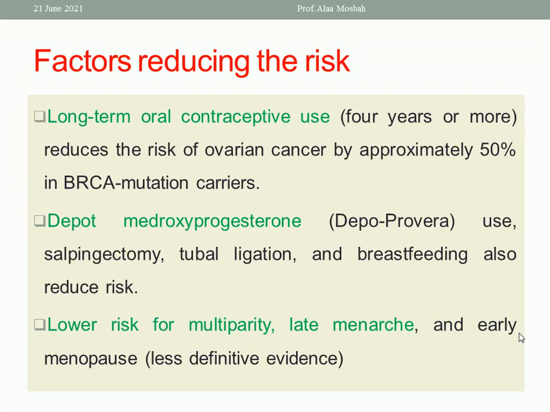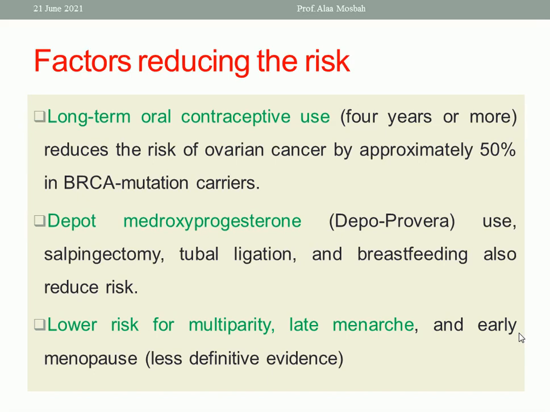What are the factors that reduce the occurrence of ovarian carcinoma? It was found that taking COC, or combined oral contraceptive pills, for years during the childbearing age reduces the risk of ovarian cancer by approximately 50% in BRCA mutation carriers.